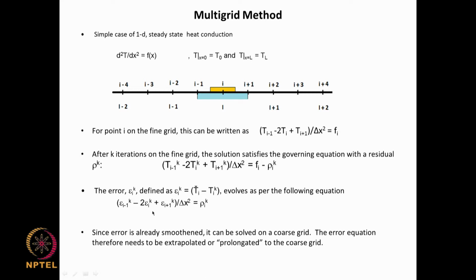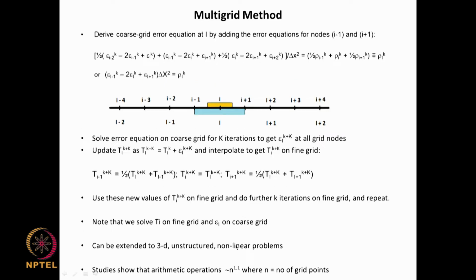If we can extend it in such a way that we have epsilon capital I minus 1, epsilon capital I, and epsilon capital I plus 1, that will be like solving the error equation on the coarse grid. That process of extrapolation is known as prolongation in the multigrid literature.